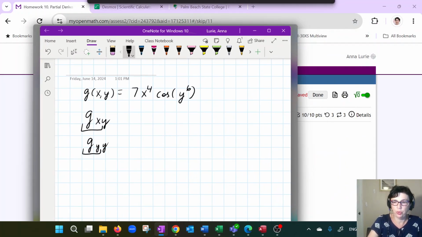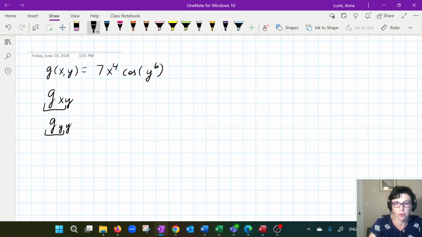Now, in order to do that, we're going to need to first find the first partial derivatives. So let's find gx and let's also find gy. Okay, so first with gx. Whenever you have terms that are multiplied, like 7 is multiplied, and we are taking the derivative with respect to x, so 7 is a constant multiple, and you're going to keep it.